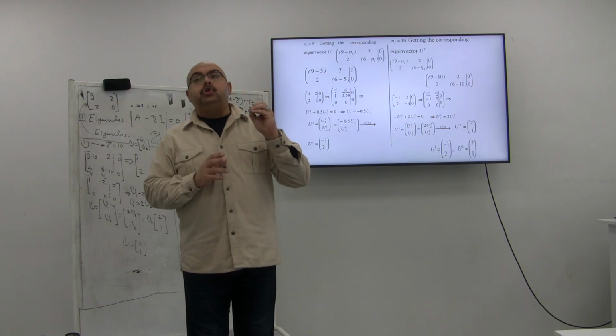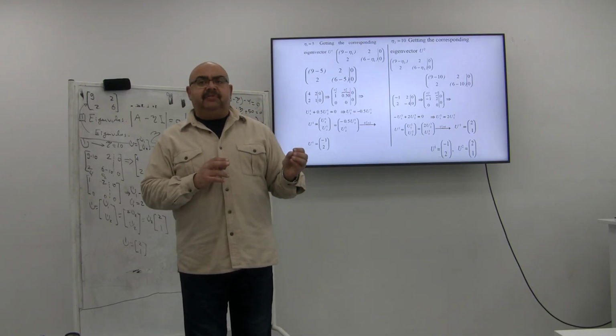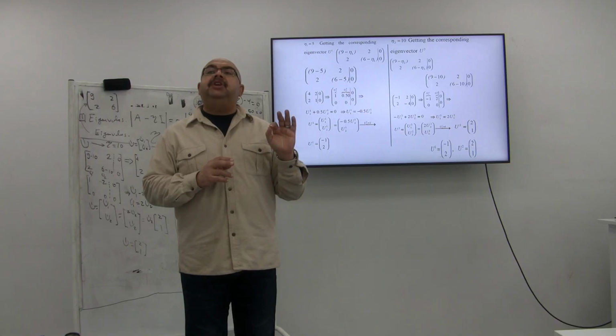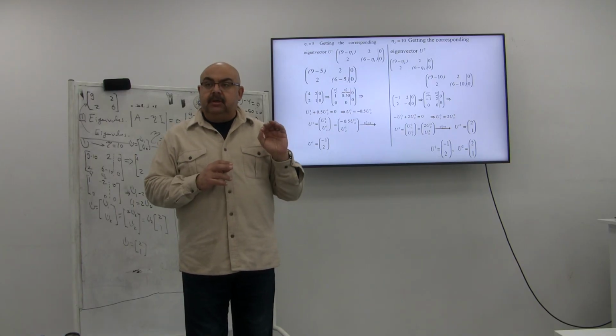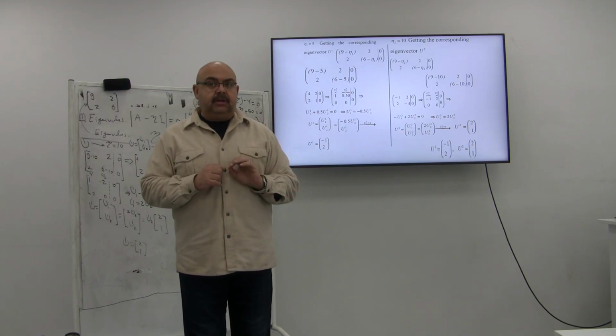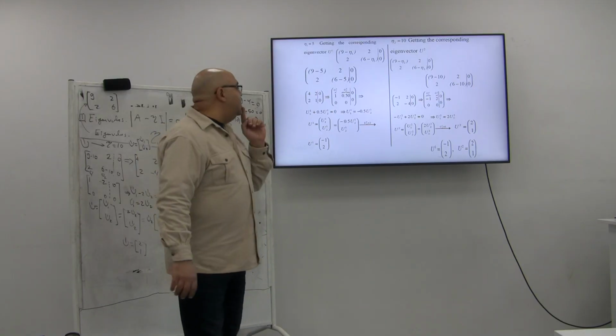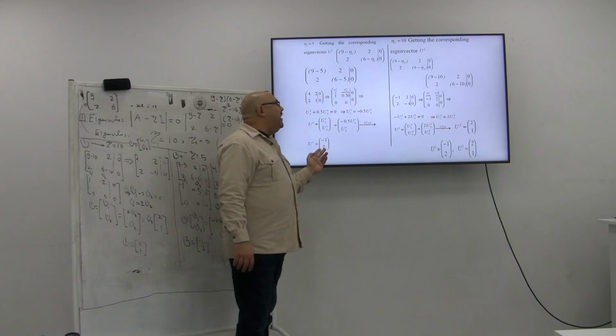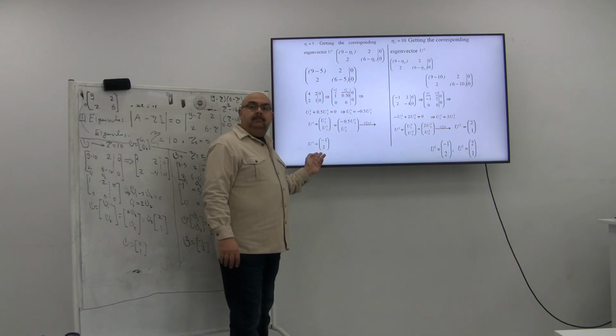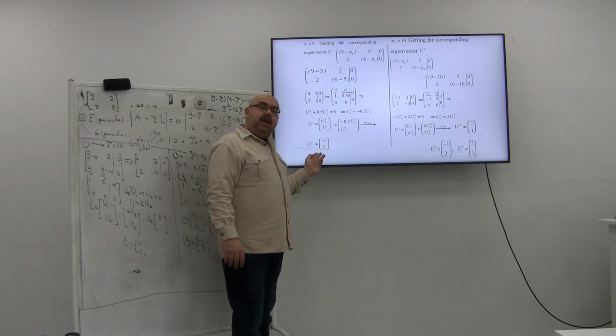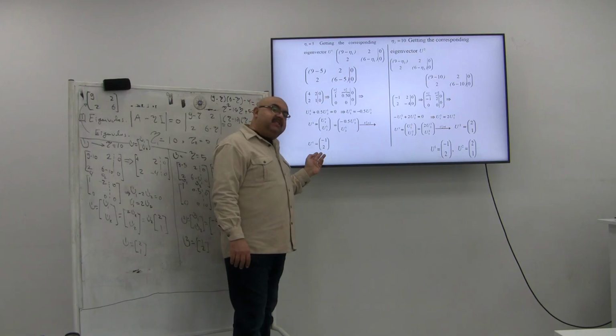There is also another very important definition, which is geometric multiplicity. What's the geometric multiplicity, Miss Judy? It is the dimension of the eigenspace. What's the dimension?